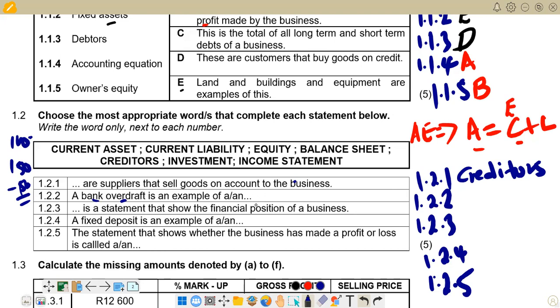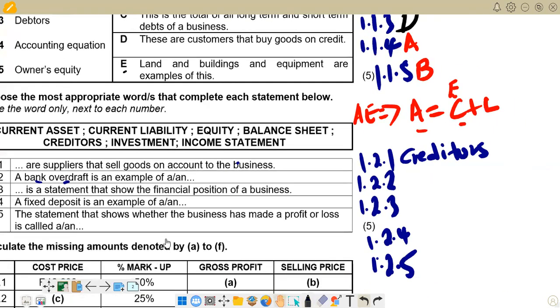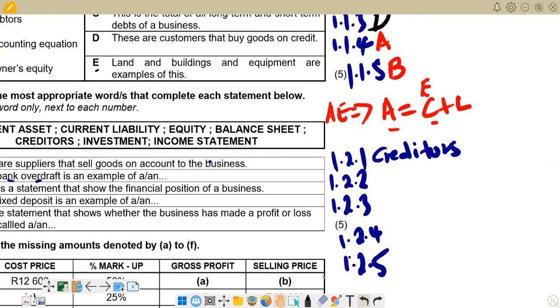So here, the answer that we are having there is current liability. And just create some space there. We are having current liability.